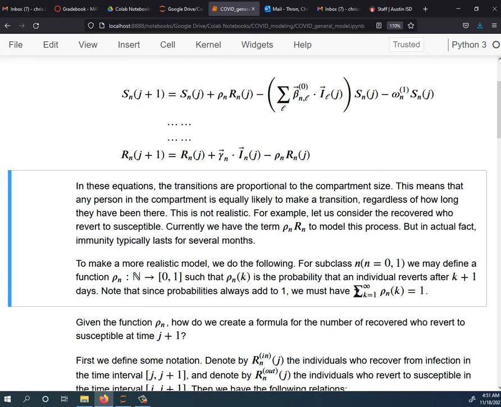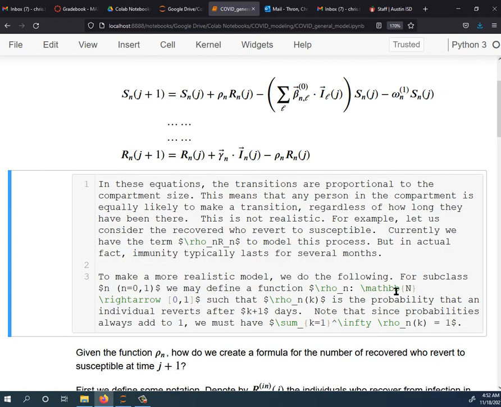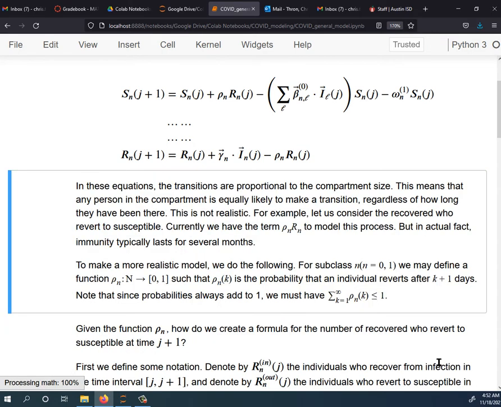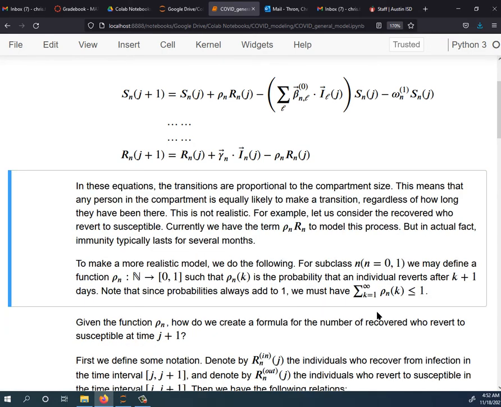So if we sum over all k, you either revert after 1 day, 2 days, 3 days, 4 days, 5 days, etc. At some point you're going to revert. In fact, it's possible that you would never revert. So why don't we change that? This sum is going to be less than or equal to 1. In fact, it is possible that you never revert.